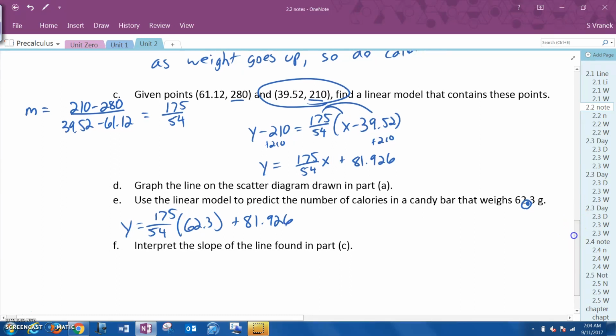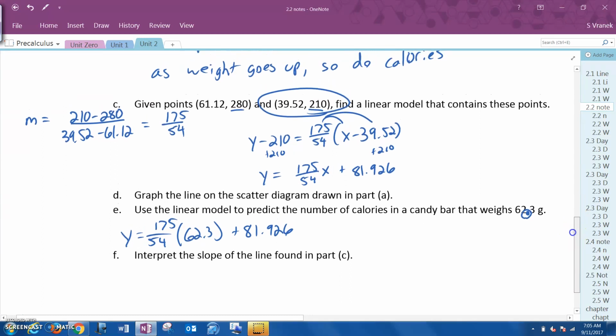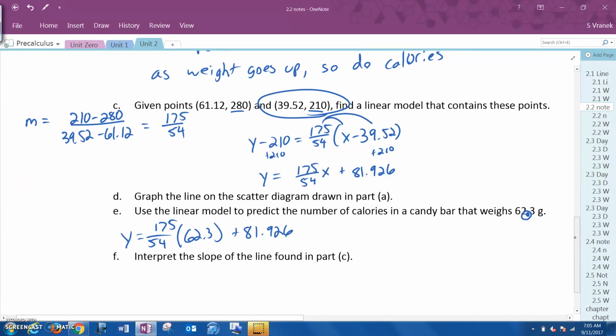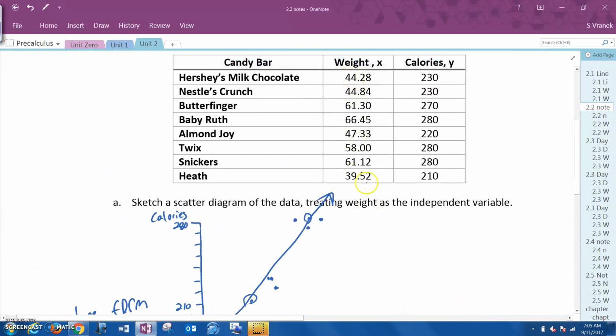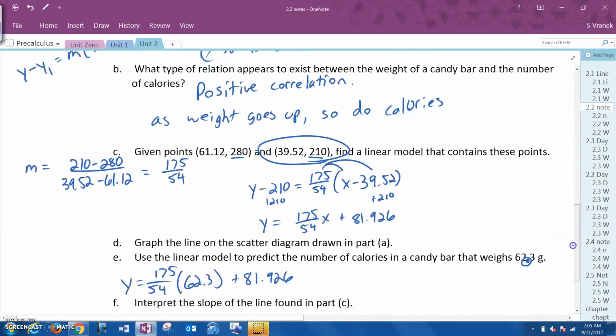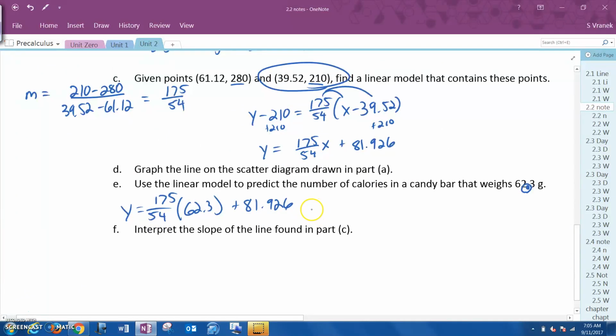Now, before I type that all in, and you can pause at any time, I'm going to look back at my data. 62 would probably be on the higher end. It might be higher than 280 calories. So you should get an idea of where this is happening. And sure enough, when you type this in, this is approximately 283.82 calories.